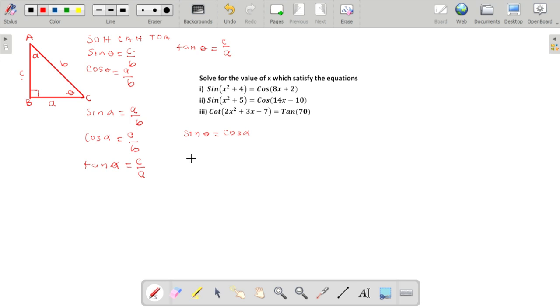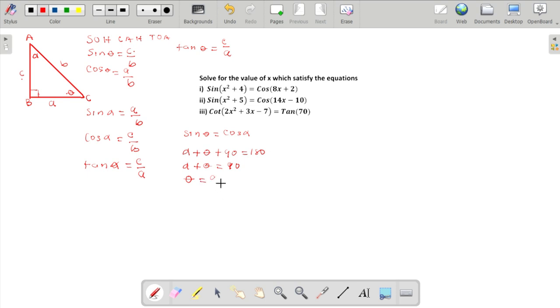That is the sum of angles in a triangle. If we add alpha plus theta plus the right angle, which is 90 degrees, it must give 180. So alpha plus theta ends up equal to 90, because 180 minus 90 is 90. Now, let's make theta the subject of the formula.